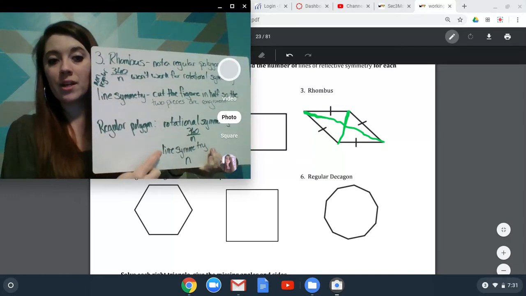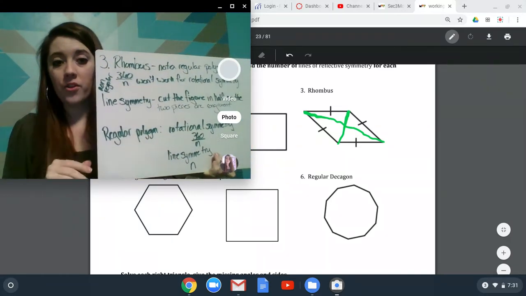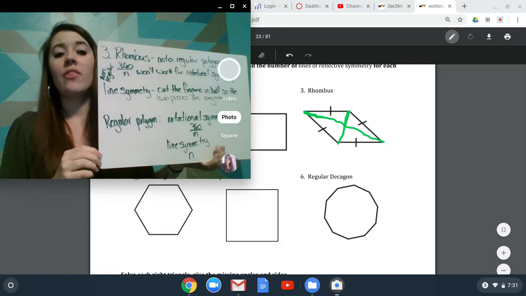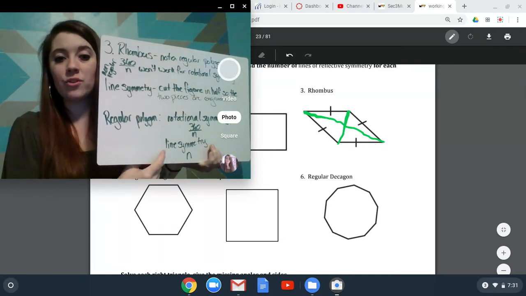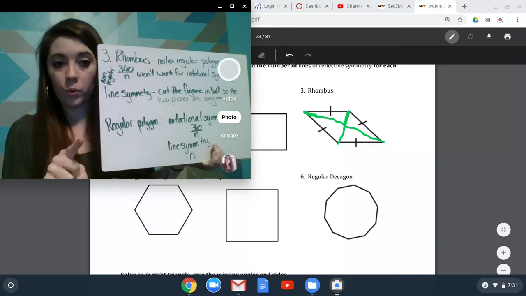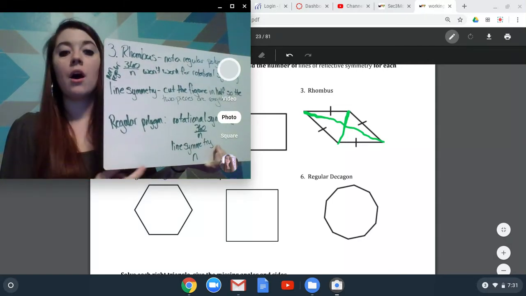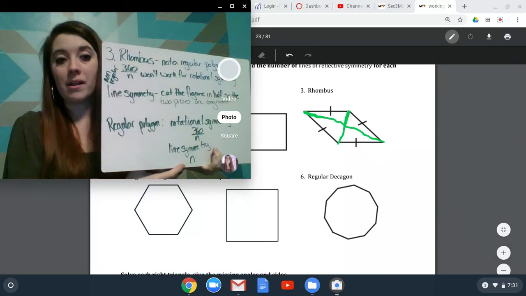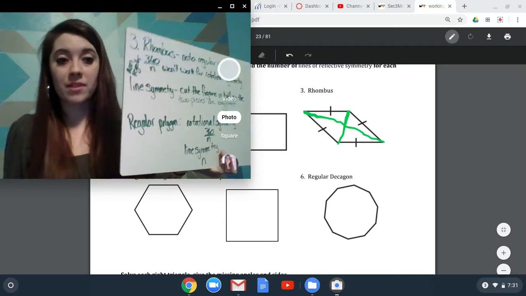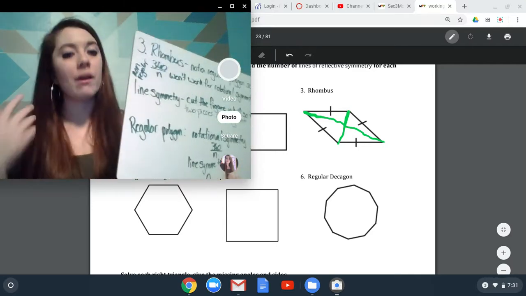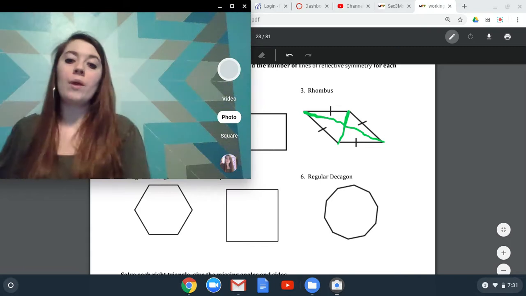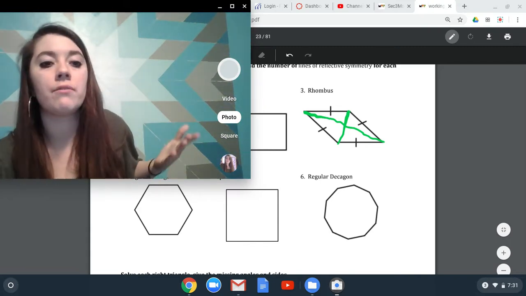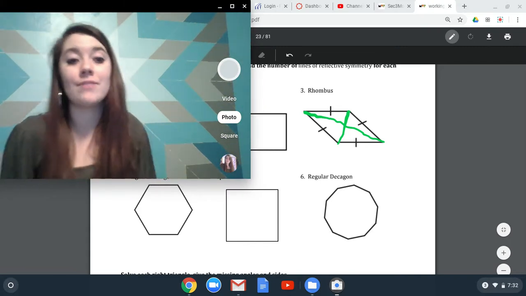But for line symmetry, rather than figuring out all the different ways you can cut or fold it to make it look the exact same, the number of lines of symmetry in a regular polygon, only a regular polygon, is the number of sides the polygon has. So if we have a 5-sided regular polygon, we have 5 lines of symmetry. If we had a 10-sided regular polygon, we would have 10 lines of symmetry.